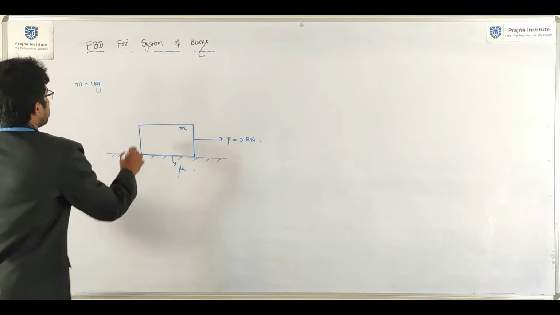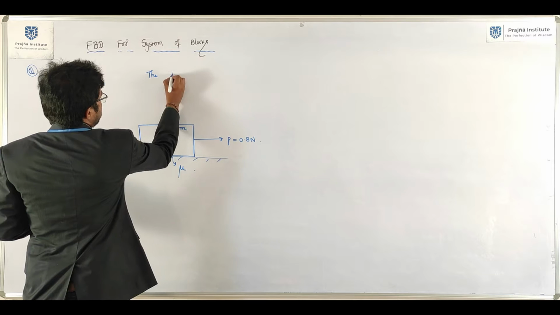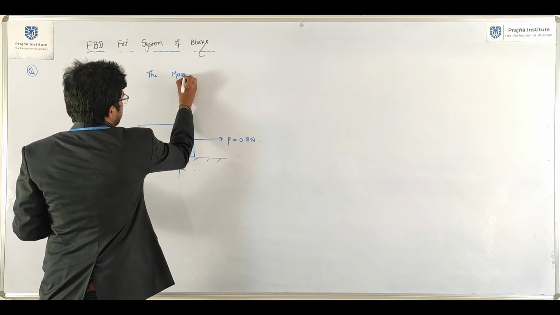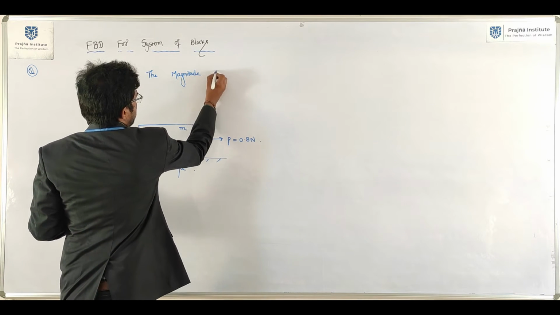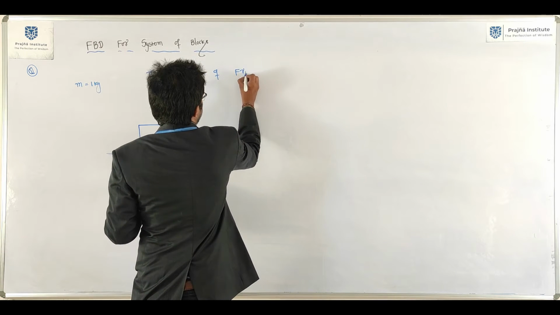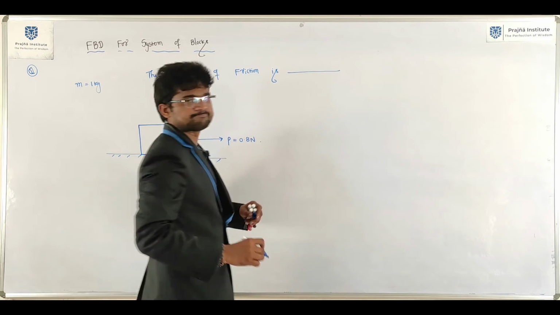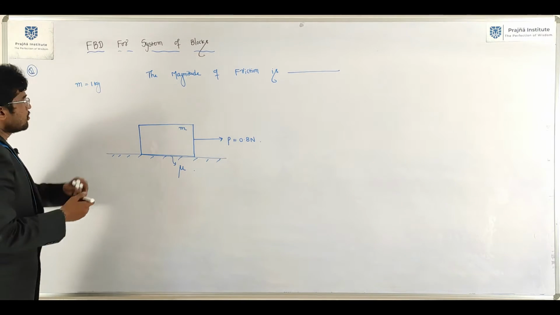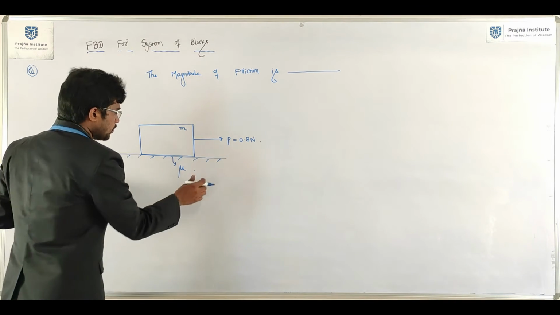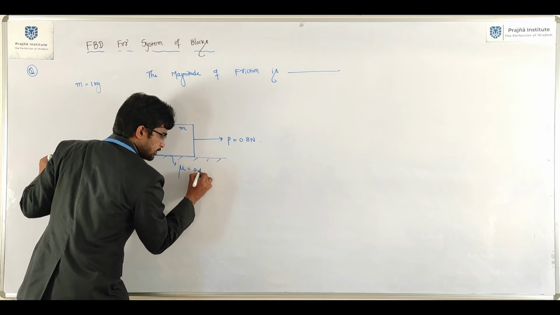Then the magnitude of friction is dash. Clear?